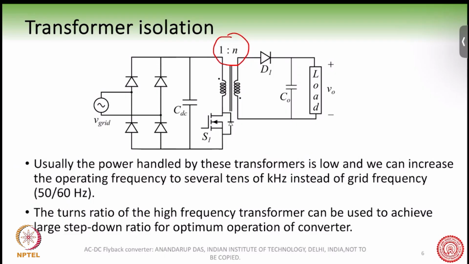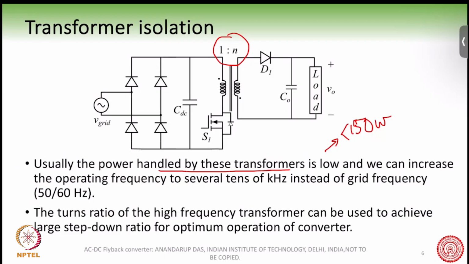We'll talk about it later. The other point is that the power handled by these transformers is low, right? We have already said this converter generally handles less than 150 watt, typically less than 100 watt in many applications.